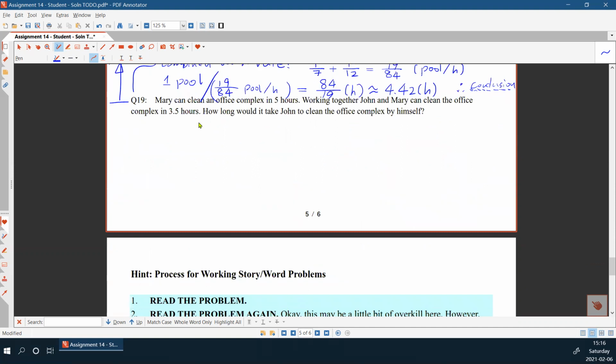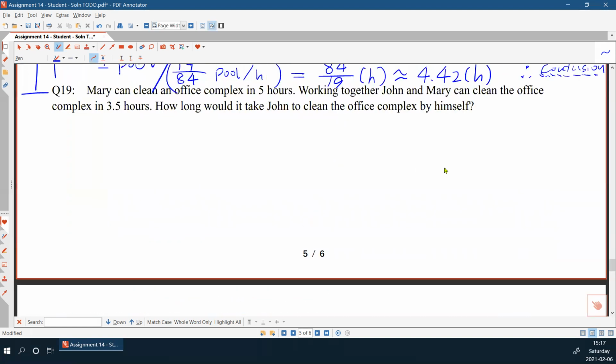Okay, again, question 19 is a typical work rate problem. The question is very similar to the previous one, except this time it asks you to find the time that it will take one of the persons to complete the job.